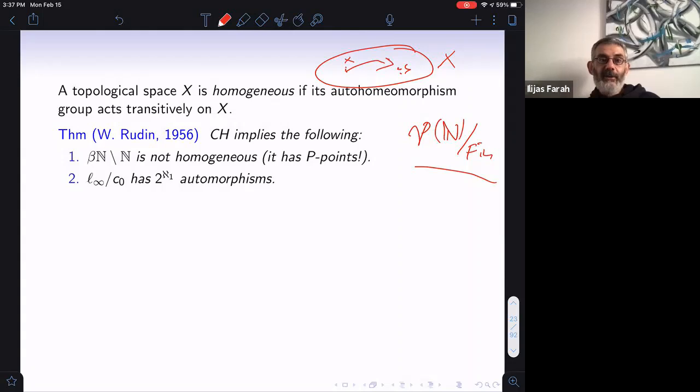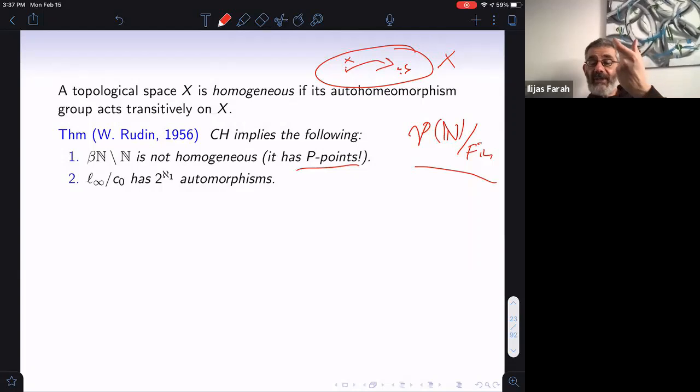And nowadays it is easy to see what those are. They actually have a name, P-points. I think that the name may go back to Rudin. What can you construct using the continuum hypothesis? Well, just enumerate all subsets of natural numbers by aleph 1, by countable ordinals.